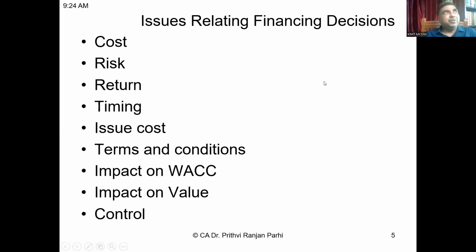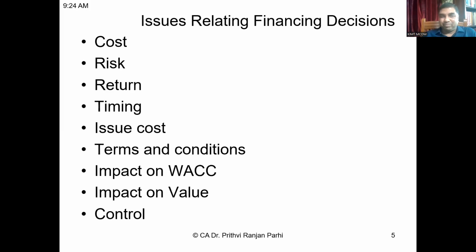Okay. And when dealing with this long-term finance, these are the issues which relate to financing. First one is the cost. If you want to, let us say, take finance from a particular source, we need to know what is the cost. Then what is the risk associated with that? Third thing, what is the return? How it affects the return?